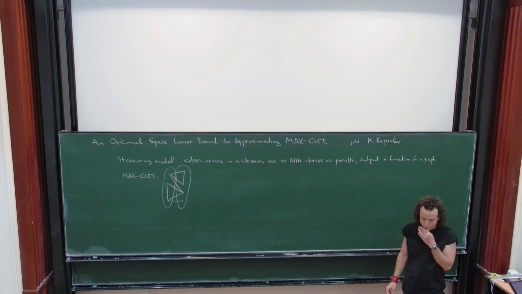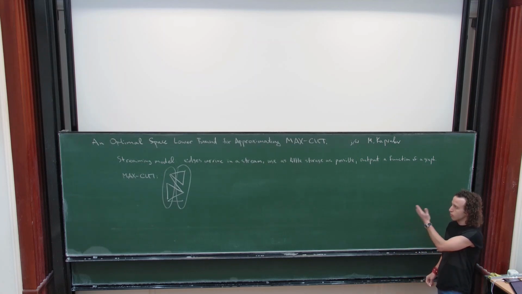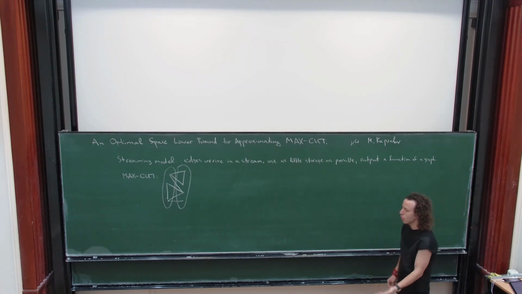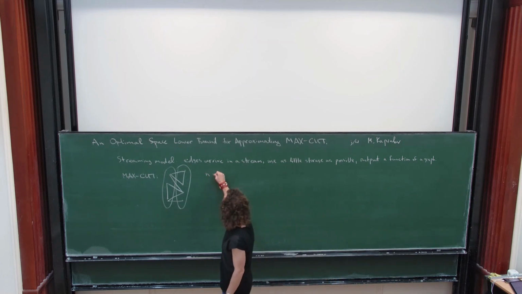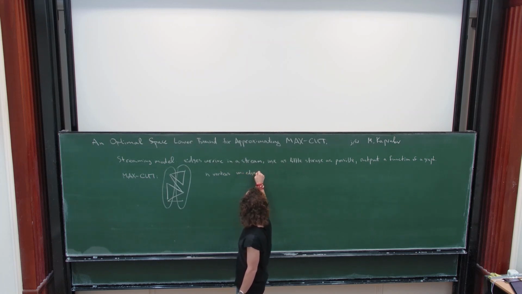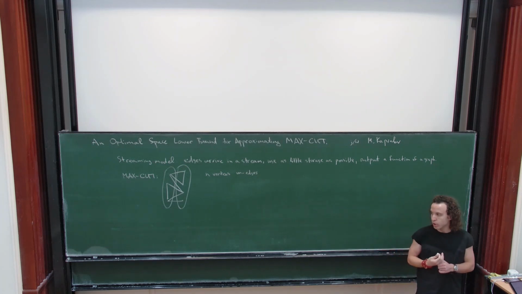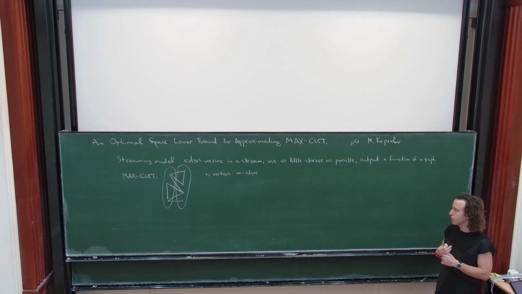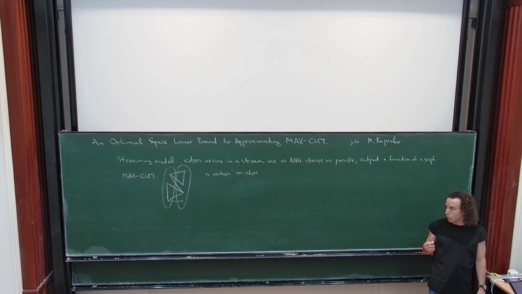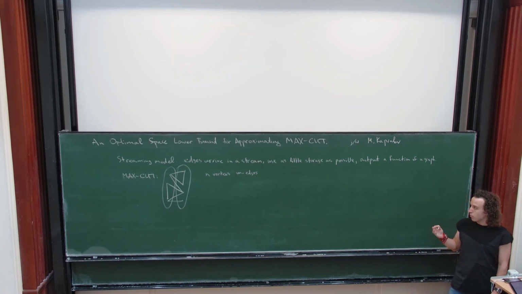So the problem is now as follows. You have the streaming model of computation, you have a graph with n vertices and m edges. Edges arrive in a stream, you store a small amount of information, and you want to output the max cut. The final thing we are going to allow ourselves is to not be exact in computing the value of max cut, but only to care about an approximate value.